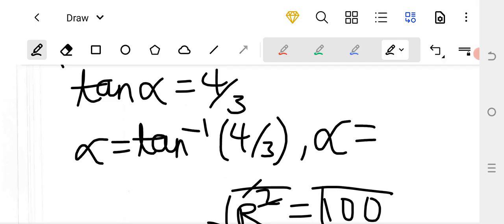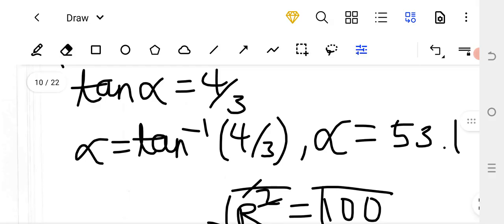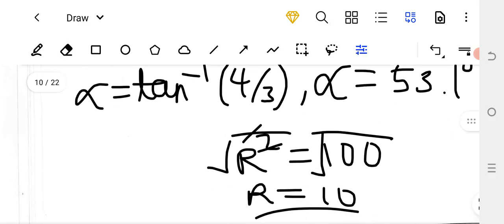Then we're going to say alpha is equal to tan inverse of 4 over 3. What is tan inverse of 4 over 3 on your calculator? It's 53.1 degrees. You always correct all angles that you find to 1 decimal place.